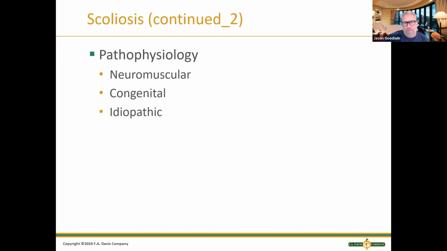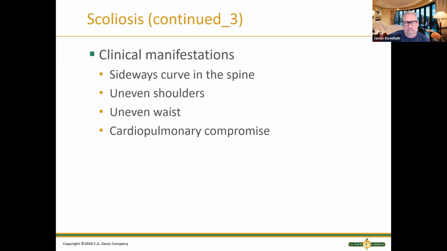And then you have a curvature in the spine that you might assess, measured by Cobb's angle. Greater than 50 degrees is unstable, and greater than 60 indicates significant compromise to the thoracic integrity. And then there can even be cardiopulmonary compromise as well because of the change in anatomy.